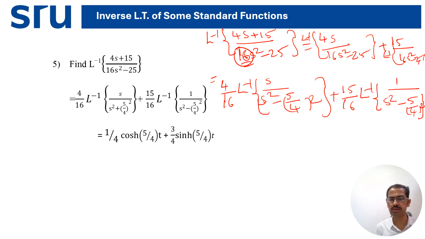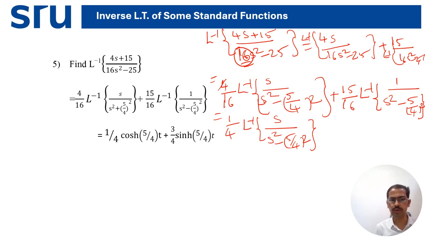This is a minus, so you would get hyperbolic functions. So 4 fours are 16. This is equal to 1 by 4 into the inverse Laplace transform of s by s square minus (5 by 4) whole square.